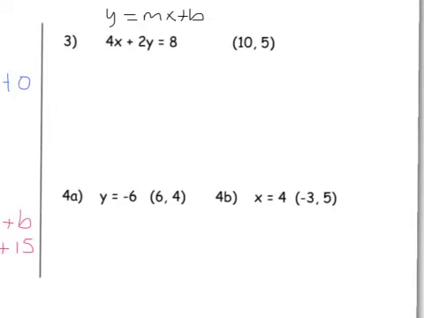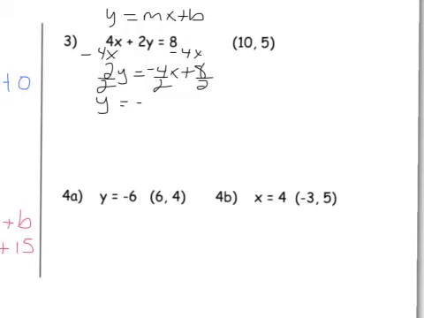So it's move the x, divide by the number in front of y. So minus 4x on both sides leaves 2y equals negative 4x plus 8. Divide everything by 2. y equals negative 2x plus 4.